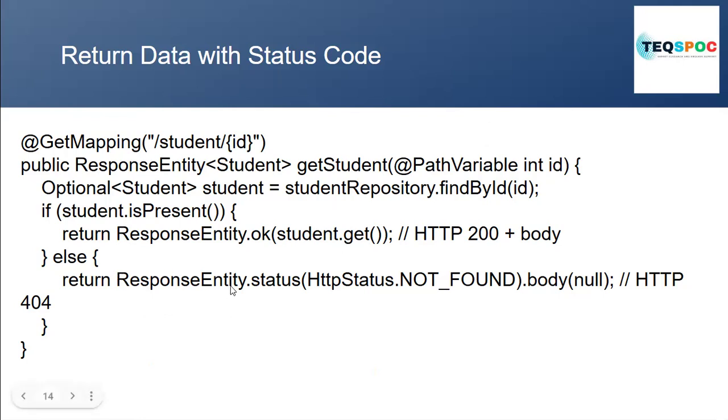Else return status equal to HttpStatus.NOT_FOUND, and in the body I will return null, nothing. If it failed and the student is not found, inside the body I will return null, and in the status code I will return HttpStatus.NOT_FOUND. This is the basic way of writing the HTTP response with ResponseEntity, and this is how we basically use it.